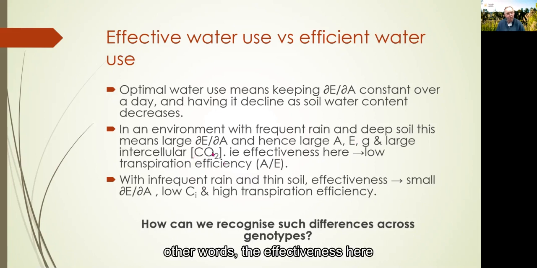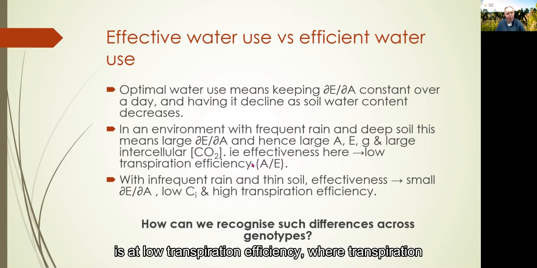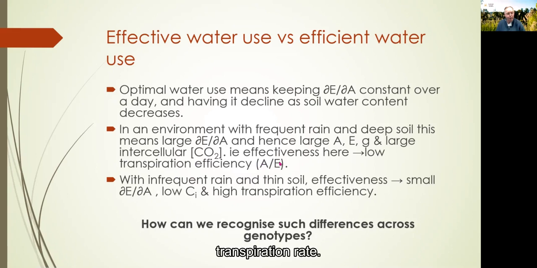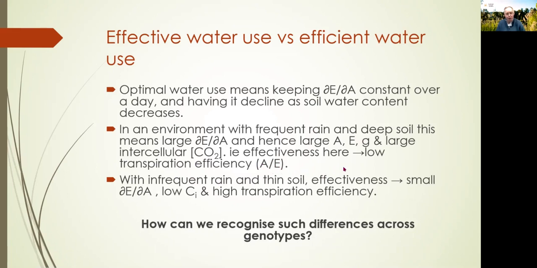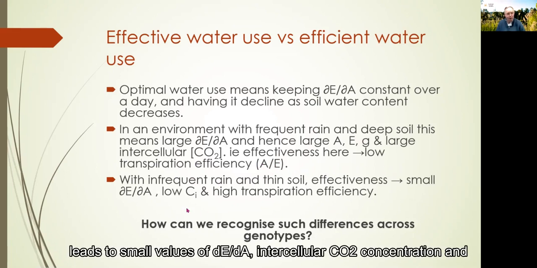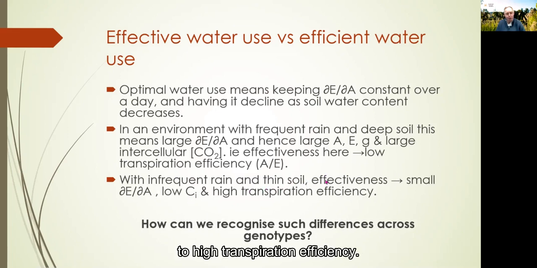In other words, effectiveness here gives a low transpiration efficiency, where transpiration efficiency is defined as assimilation rate divided by the transpiration rate. However, with infrequent rain and thin soil, effectiveness leads to small values of DDA and intercellular CO2 concentration, and to high transpiration efficiency.